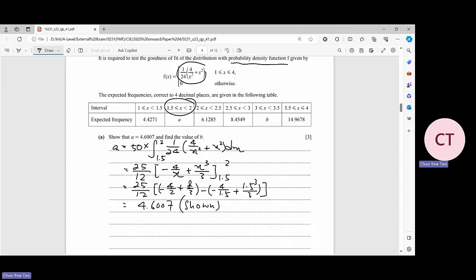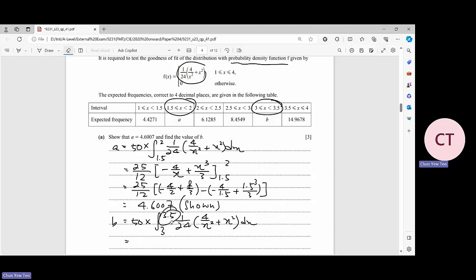Okay, same thing happens for B. So for B, we also do the same thing. This time B is also 50 multiplied by the integral from 3 to 3.5 of 1 over 24 of the function 4 over x squared plus x squared. Since we're doing the same thing, only the lower limit and upper limit values are different.